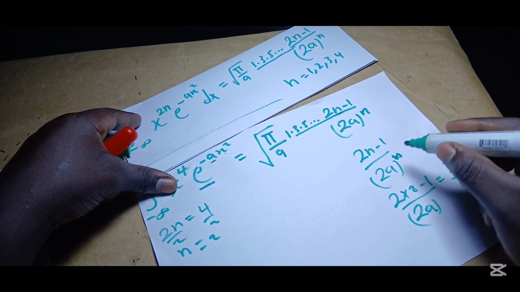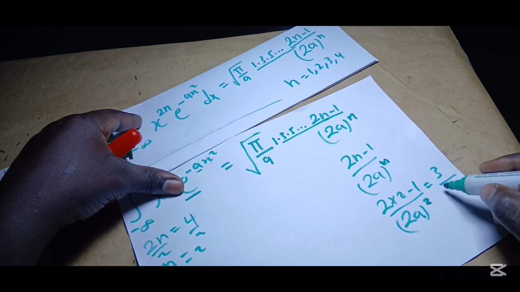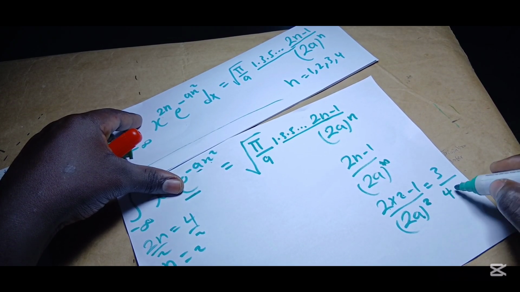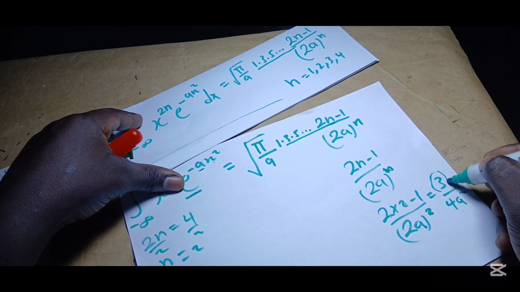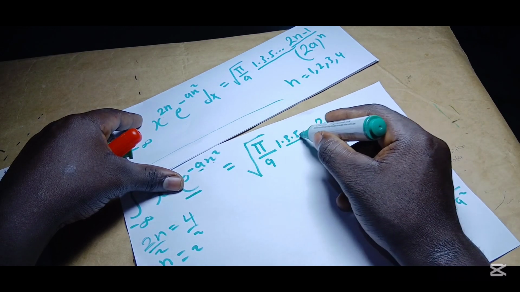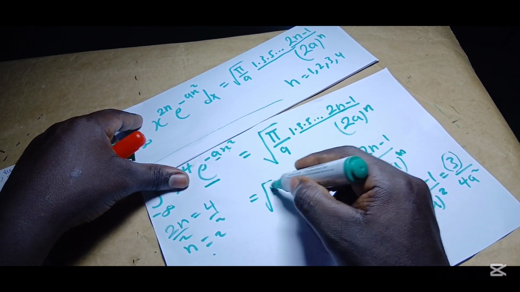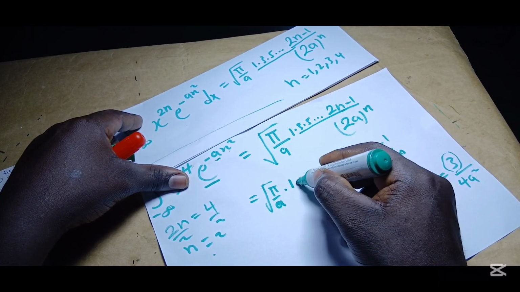Then our n here is 2, so we just have to put 2 here. Then let's simplify it. 2 to the power 2 gives us 4, and a to the power 2 gives us a squared. Since the numerator here is 3, we are going to multiply this term by odd numbers up to 3. So this term becomes square root of pi over a, multiplied by 1 multiplied by 3.